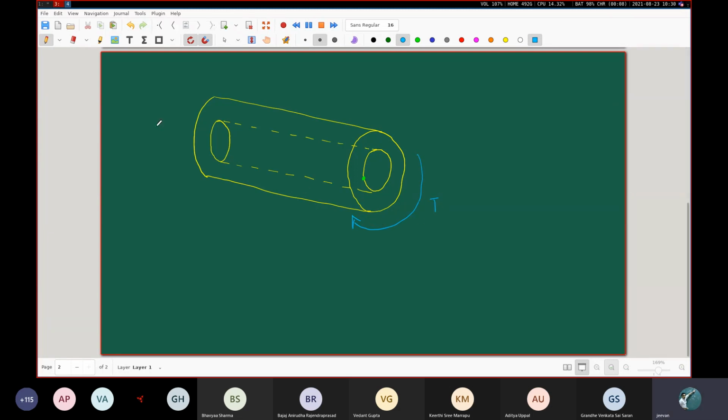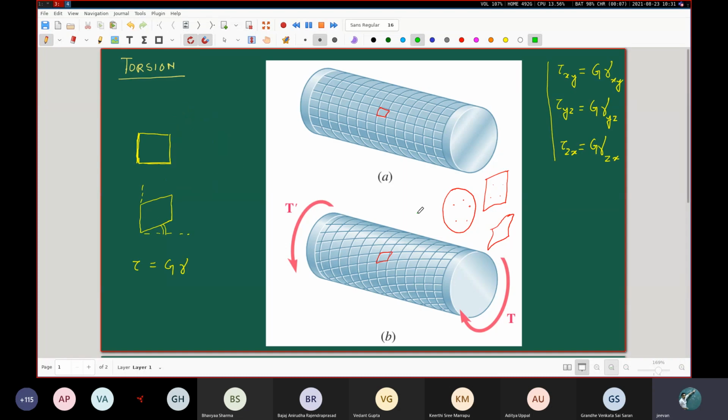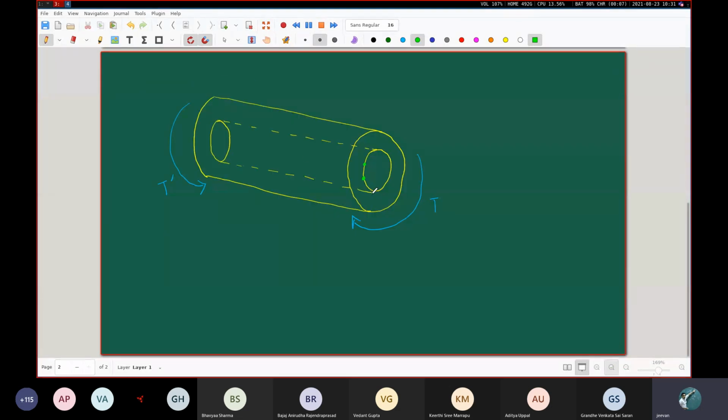This is my torque T, and I have a counterbalancing torque T dash, and of course T dash will be equal to T in magnitude. Under this twisting action, this point moves to this point. As you can see in the previous diagram, the point which was here moves up a little bit, giving rise to these kinds of shear strains. So we have this kind of motion.